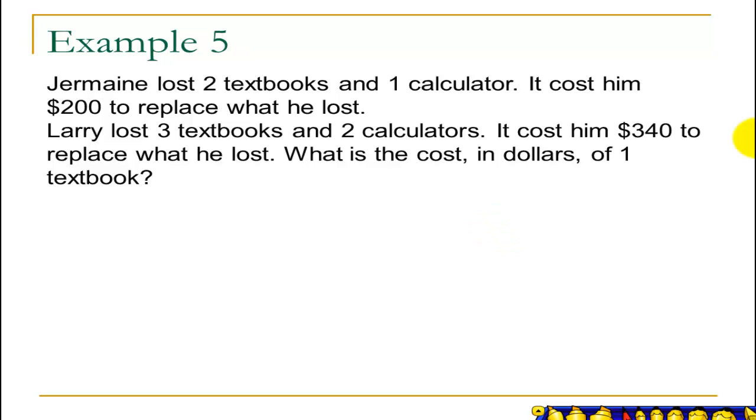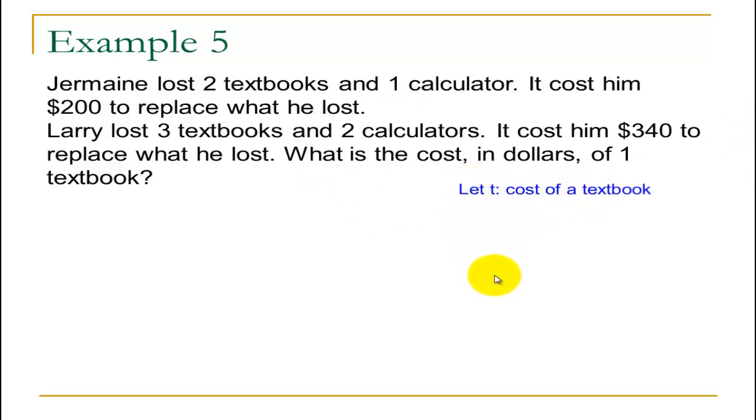So in this problem, we are going to use variables t and c. Let t represent the cost of a textbook and c represent the cost of a calculator. For Jermaine, he lost 2t plus 1c equals $200.